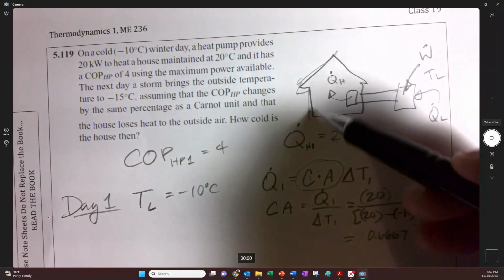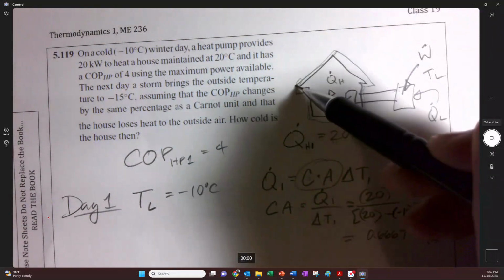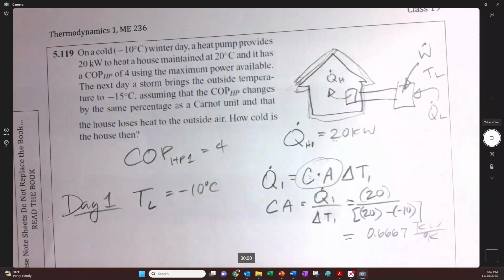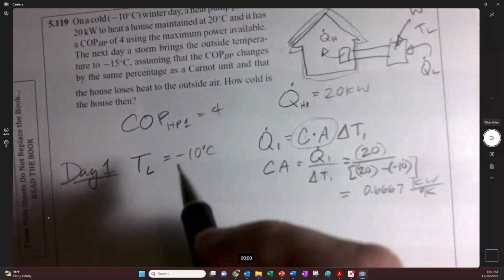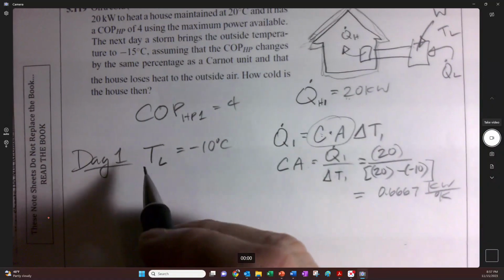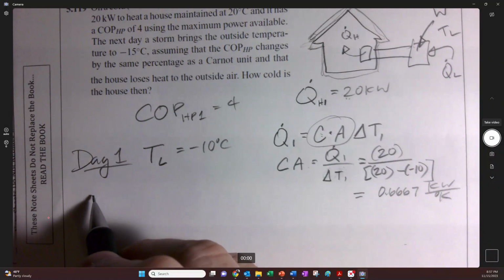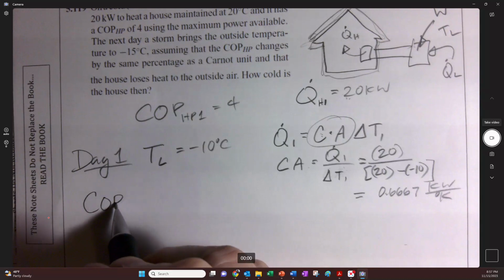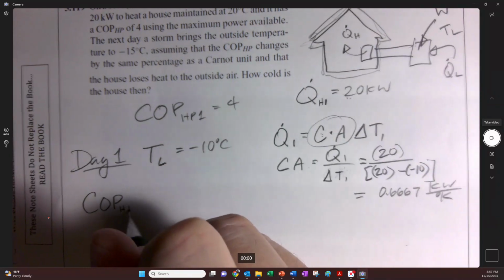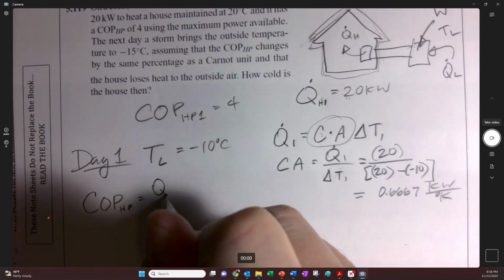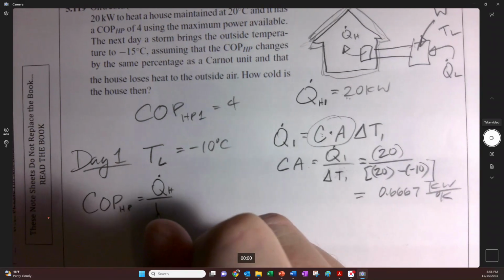In heat transfer, you'll be doing this a lot more, where we have some type of barrier to heat flow. You'll be doing these types of problems, but not in this class all that much, I don't think. So the coefficient of performance of this heat pump is QH over work.